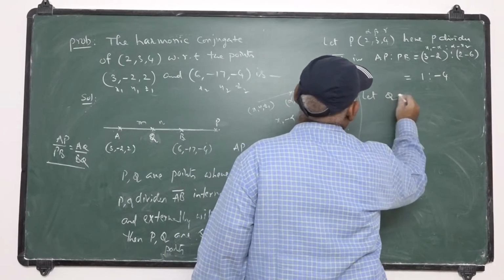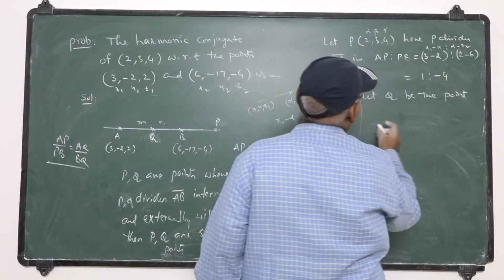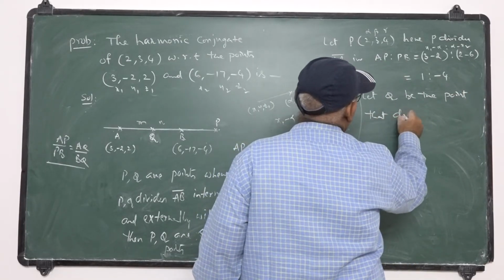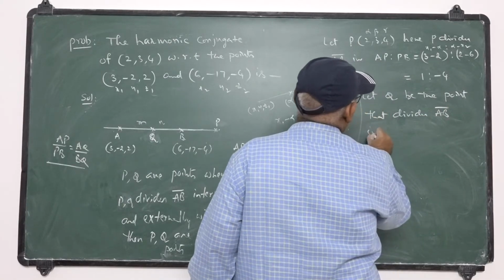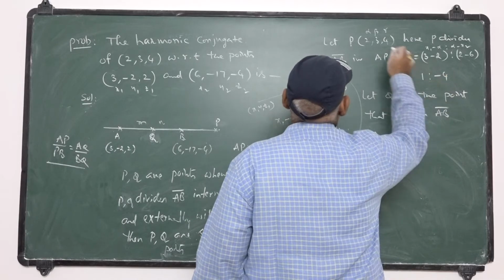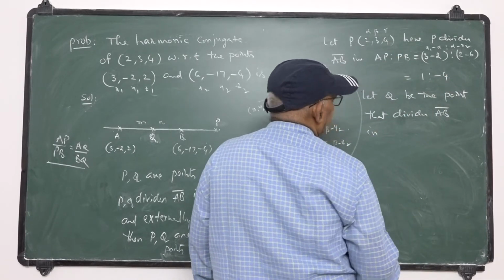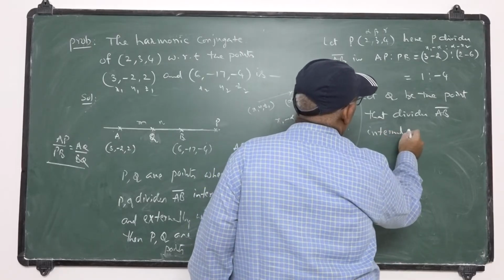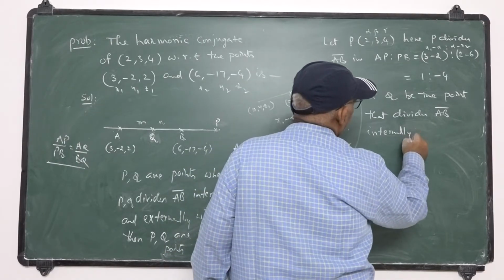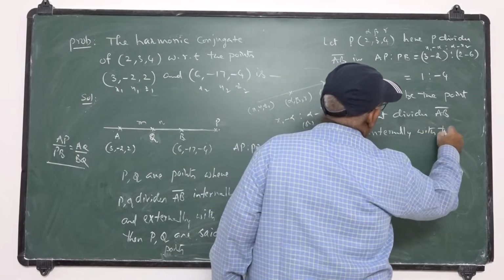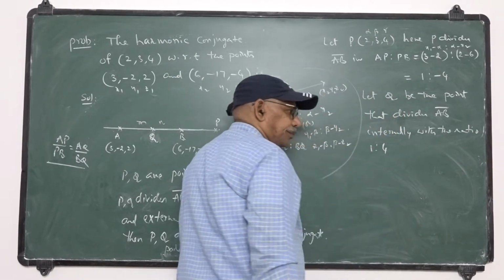So let Q be the point that divides AB internally in the ratio 1 is to 4, because P is the external division. So take the internal division here.